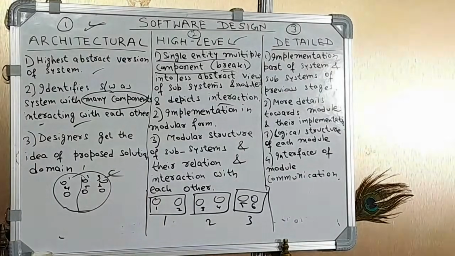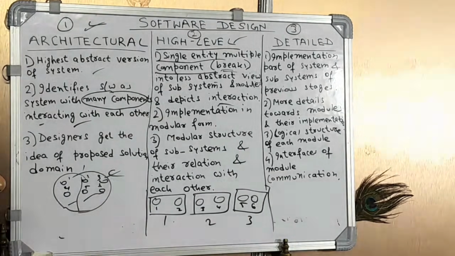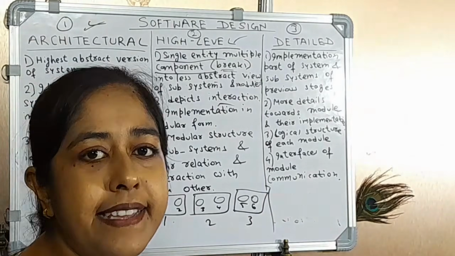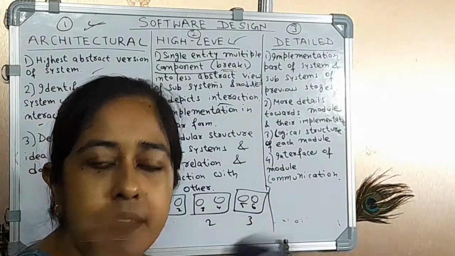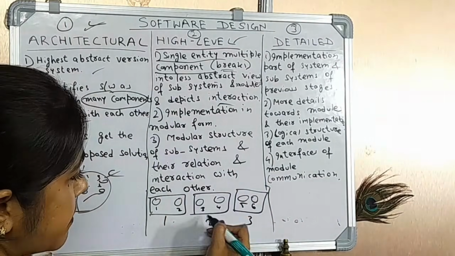Here I'm working with the whole system, a whole system with some components. In the next level, I am going to break that single entity with many components into some subsystems.